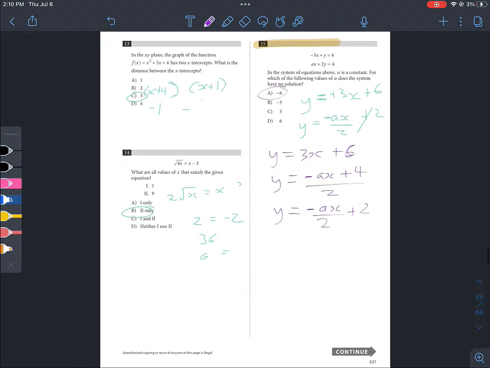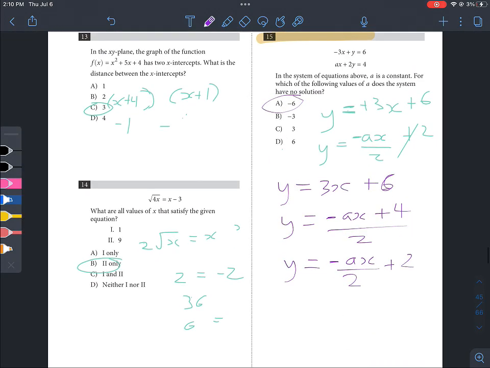In the system of equations above, a is a constant. For which of the following values of a does the system have no solution? I'm thinking -6, right? Because no, they have to have the same slope, right? Yeah, so -6, because that would be 3.